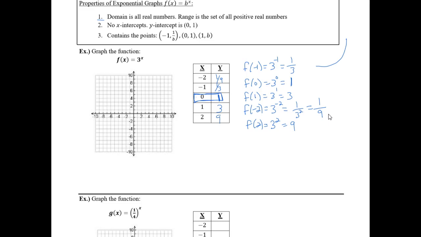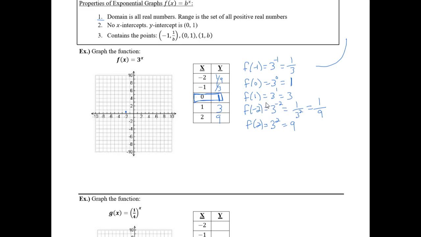Now that I feel like I have enough points, I'm going to go ahead and plot them. Obviously with 1/9 we can't be super accurate, drawing by hand, but we can do our best to get it close to that x-axis. So (-2, 1/9), and then pretty close to the x-axis.